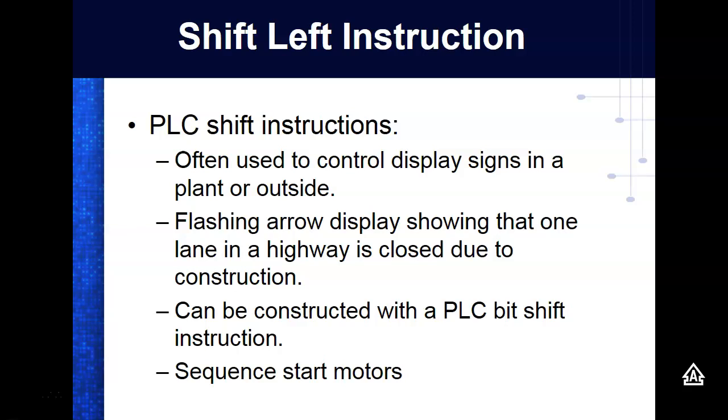We have two sequence start motors. I know all y'all have seen these flashing signs like on the back of trucks when they're working on the interstate, and the lanes move across, and you have these rotating signs where the lights move around them. And we can do that with these instructions.